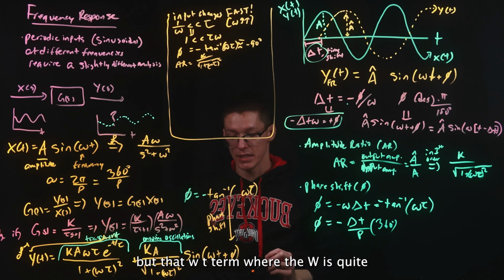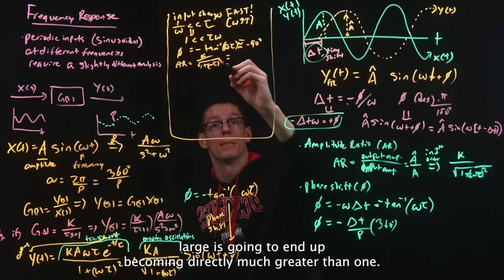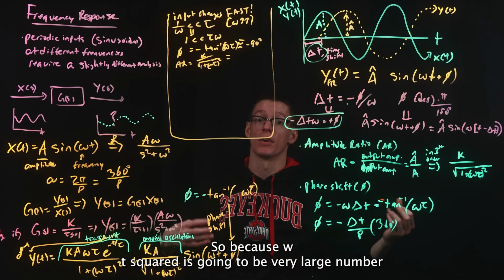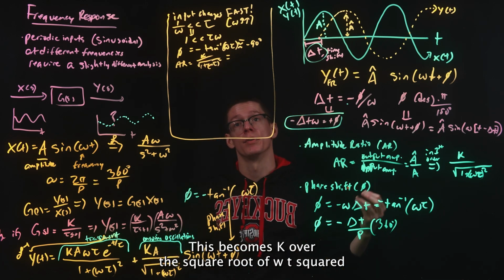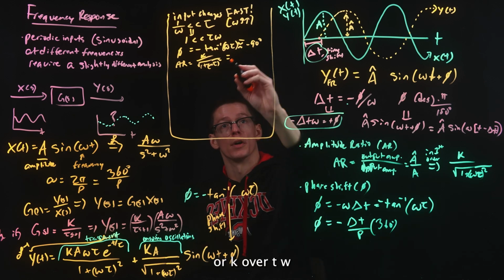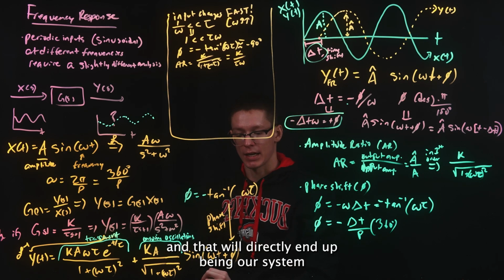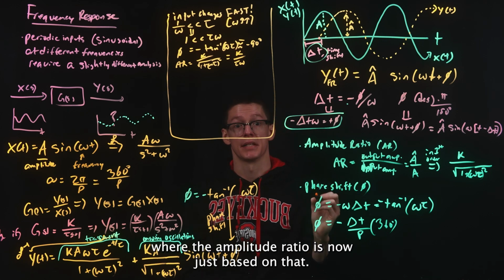But that w tau term, where the w is quite large, is going to be much greater than 1. So because w tau squared is a very large number and much greater than 1, this becomes k over the square root of w tau squared, or k over tau w. And that will directly end up being our system, where the amplitude ratio is now just based on that.